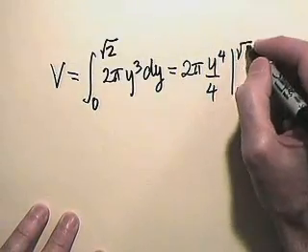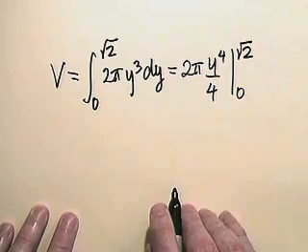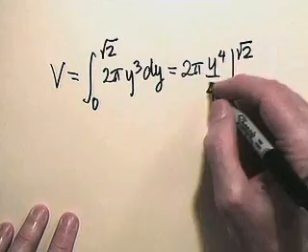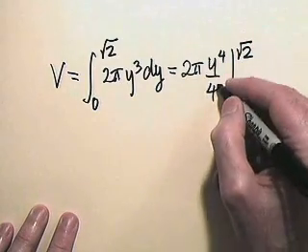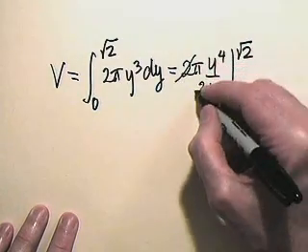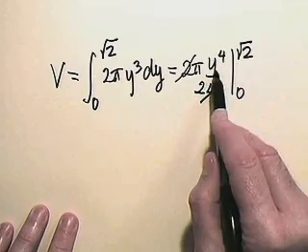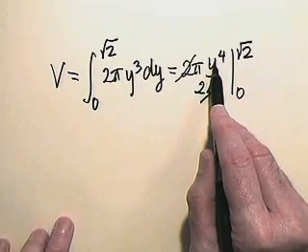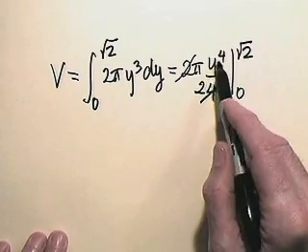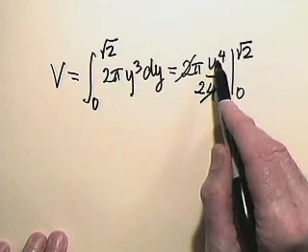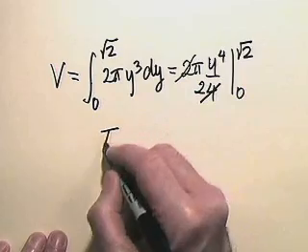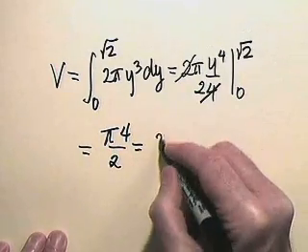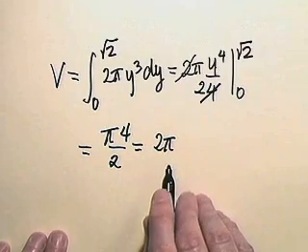That's to be evaluated between 0 and square root 2. Of course, we can cancel 2's here, 2 with 4, leaves a 2 down in the denominator. And square root of 2 to the 4th power is the same as 2 squared, which is 4. So we have pi times 4 over 2, which is 2 pi.